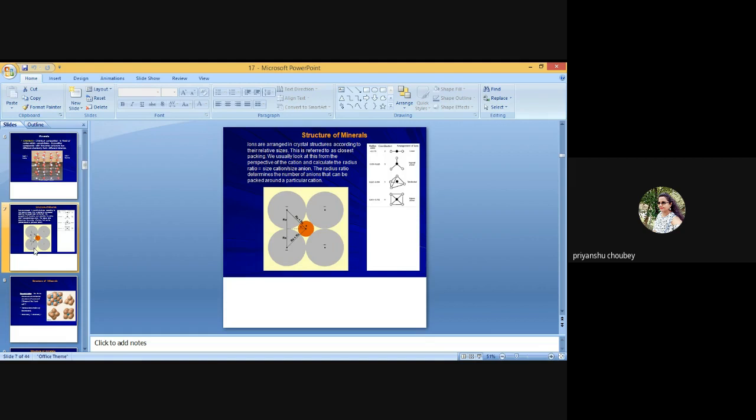Standard or unit plane and parameters of a crystal. Faces or planes of a crystal are described in terms of the standard or unit plane.